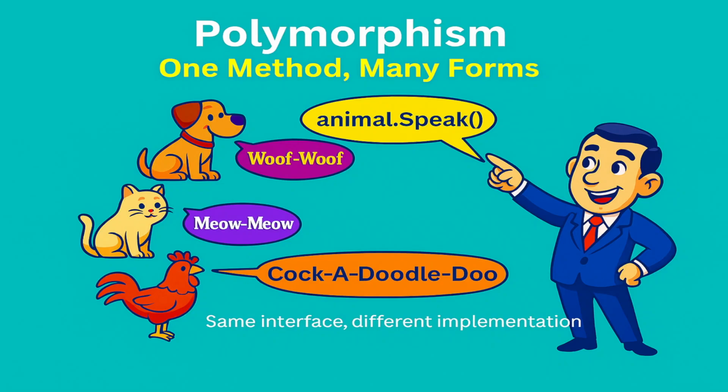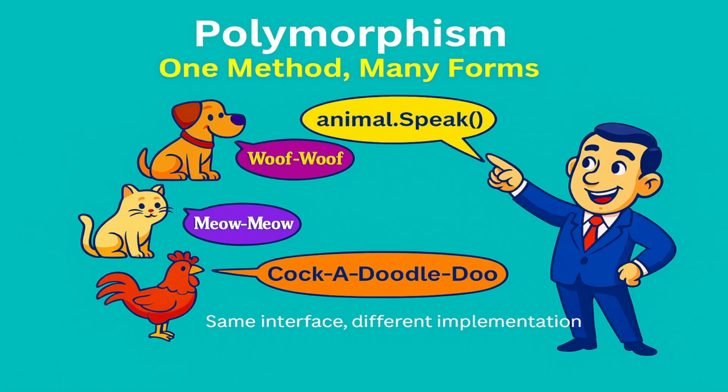Let's try to understand the concept of polymorphism with this image. The person on the right hand side is calling a method animal.speak. This represents a generic command like asking any animal to speak. On the left hand side, there are different animal objects.